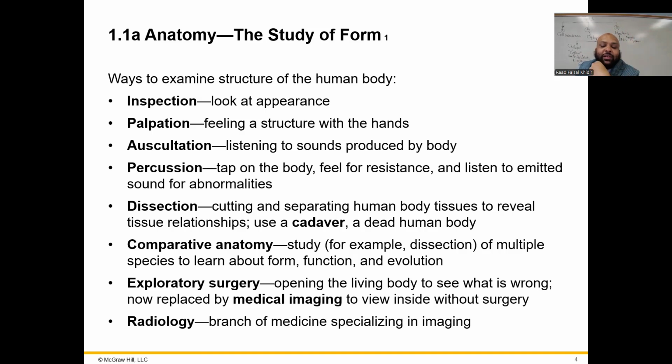Then there's comparative anatomy, which is the study of multiple species to learn. We compare different animals to humans. That's very significant because now they're doing xenograft. You know xenograft? Back in the day, they had the autograft. They take one part of your skin and plant it on another part where you had a burn.